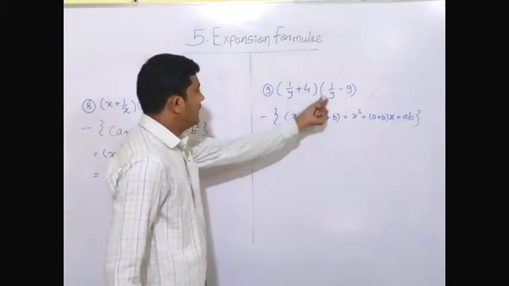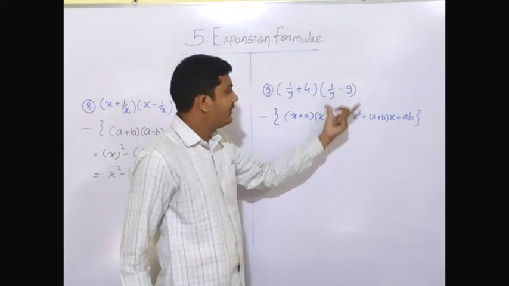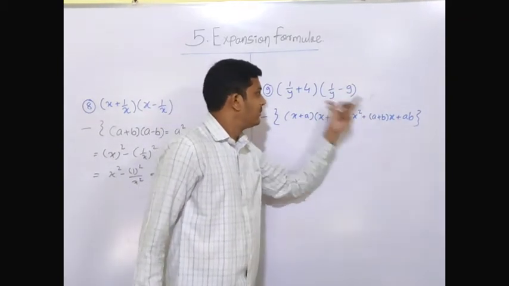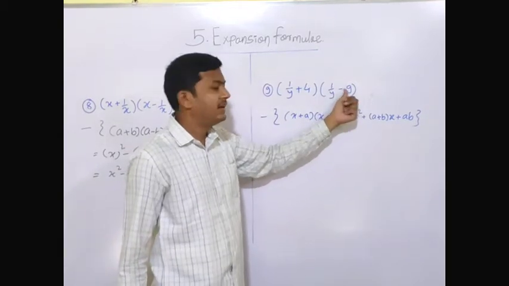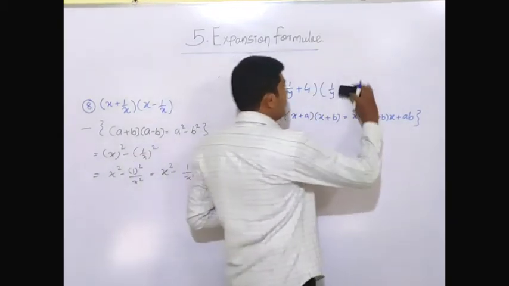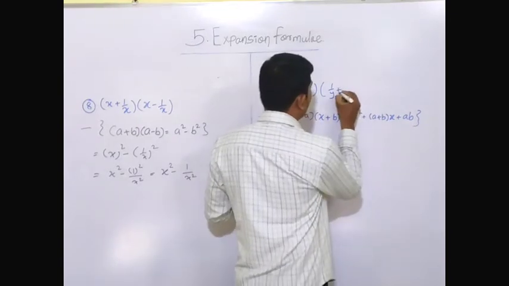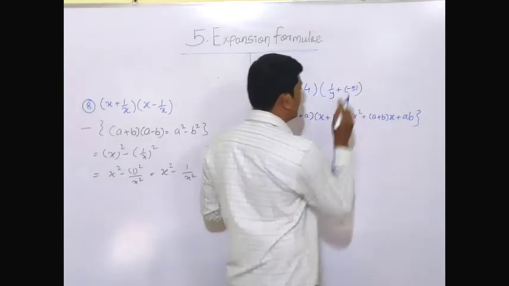Now here if b is positive, then we can expand these two terms. But here b has a minus 9. So it can be given as plus of minus 9.